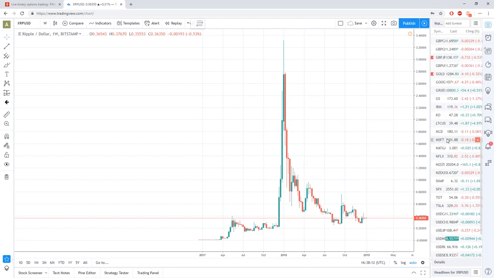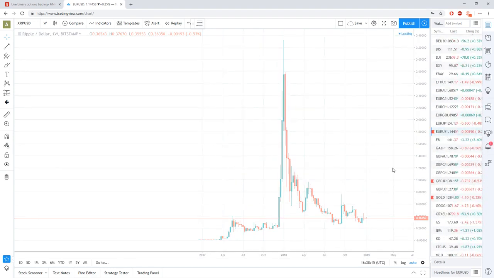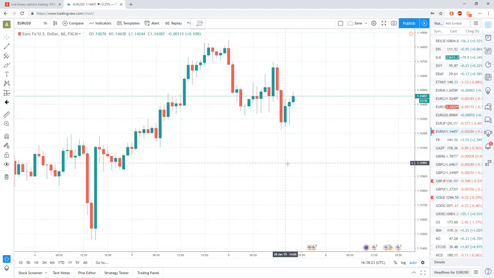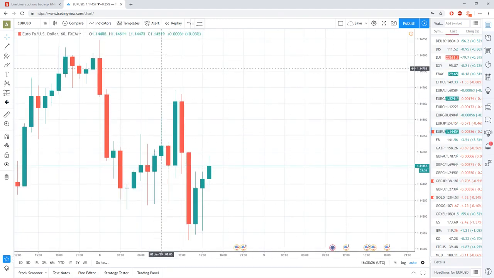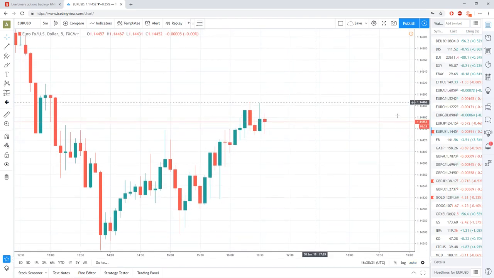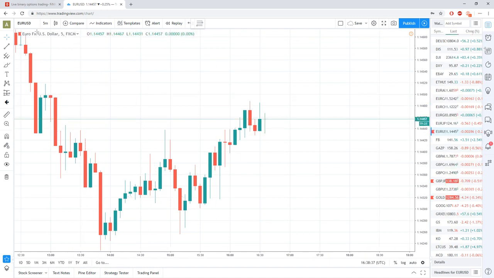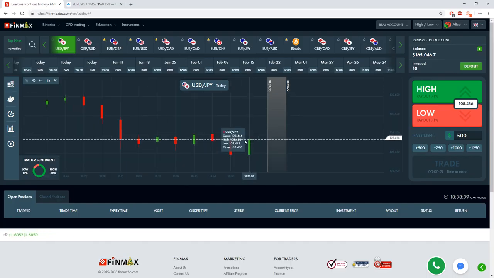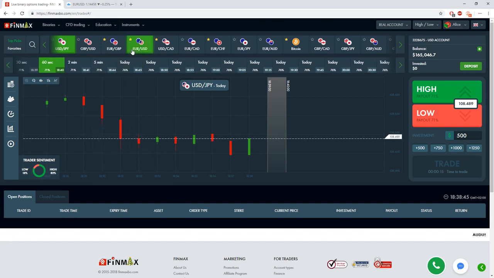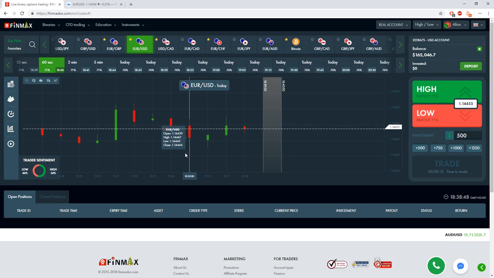And as I promised, I'm going to show you a bit about the expiry of the candle and the Finmax platform. Let's say we have the 5 minutes time frame, to make it easy. Right here we see the time till the expiry of the trade, or of the candle. You need to understand and pay attention while trading on the Finmax platform that the expiry of each contract is bound to a straight time.